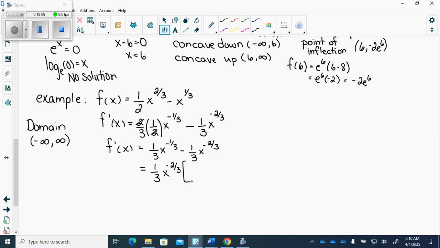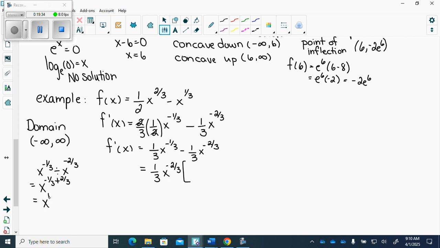Okay, what's left over? Take a third out, take a third out. That's gone. Then I'm going to take x to the negative 1/3, and I'm going to divide it by x to the negative 2/3, because when I take out GCFs, that's what I do. I divide, correct? When I divide the same base, what do I do with the exponents? Subtract. So I'm going to get x to the negative 1/3 minus a minus, so plus 2/3.